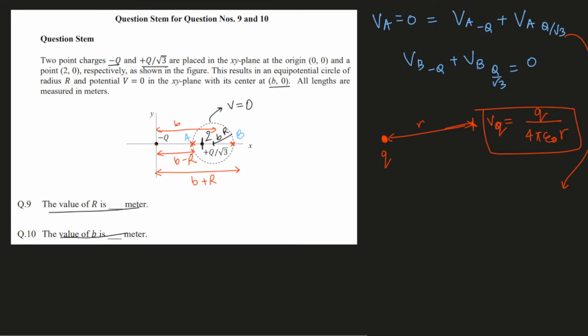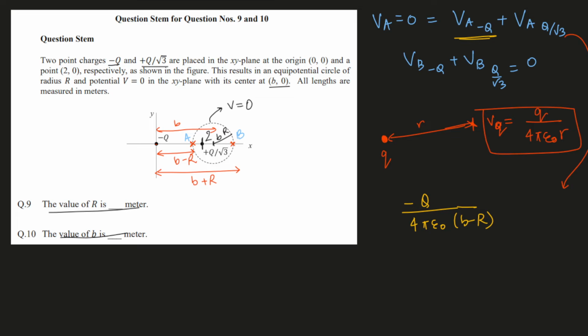So we can put this fact in the first equation. In the first case, the potential at A due to negative q is negative q divided by 4 pi epsilon naught times the distance, which is b minus r.